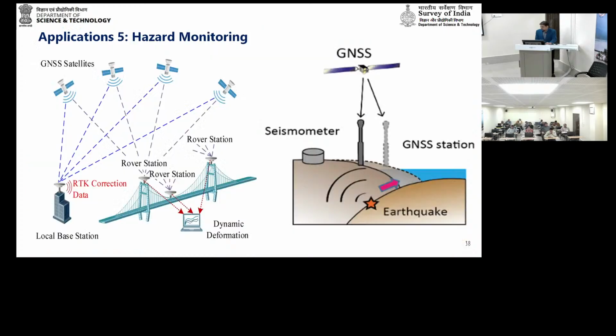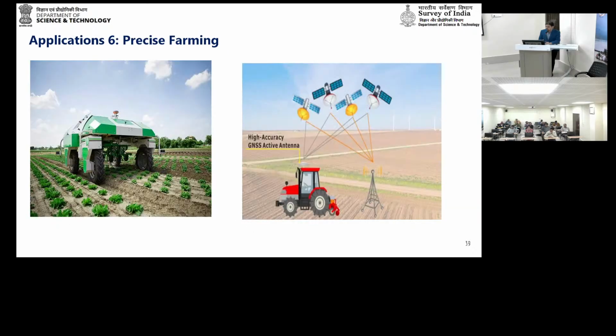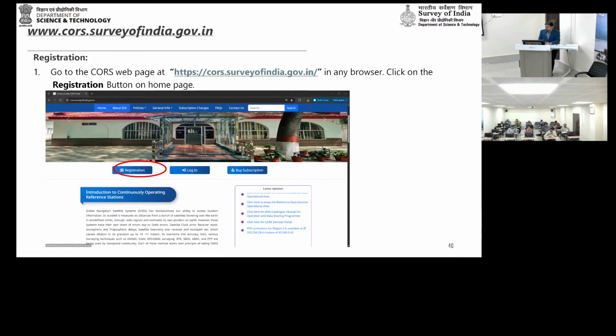And for hazard monitoring, CORS can be used for earthquakes, with the help of seismometers or any dynamic deformation. And CORS can also be used for precision farming. In European countries, and in the US also, precision farming is basically CORS based.